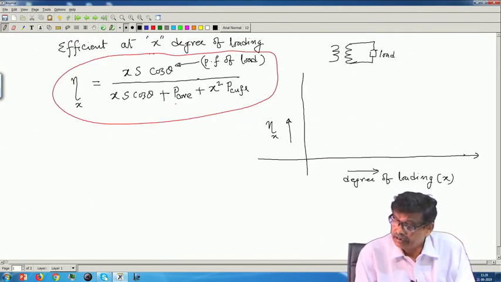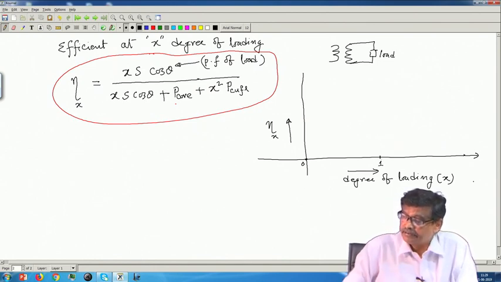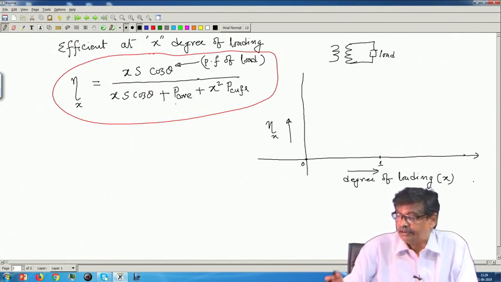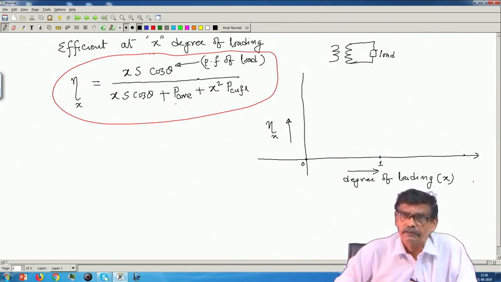Therefore, the domain of x will be from 0 to 1. If x exceeds 1, that means the transformer is overloaded.